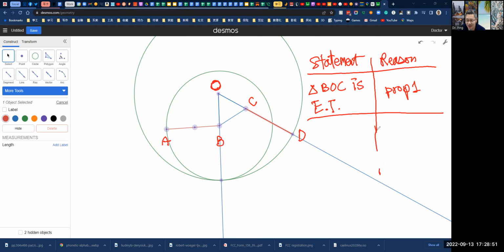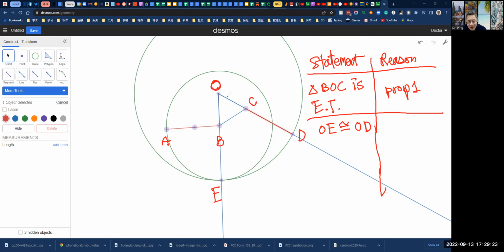And the second statement is that this line OE is congruent to OD. Well, because we drew a circle. That's the definition of a circle.